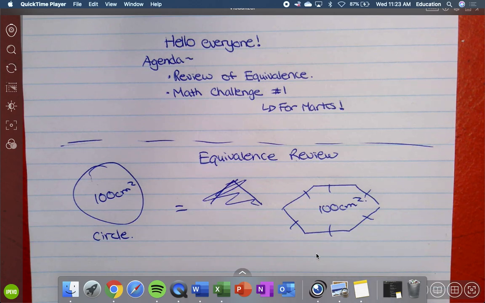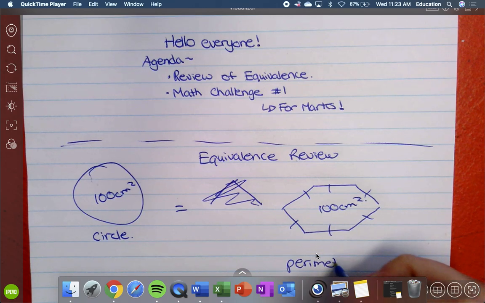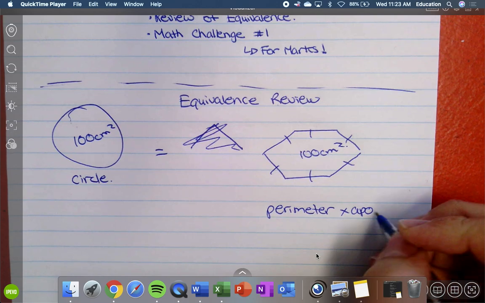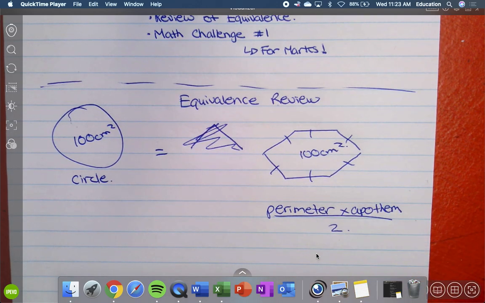Because if we remember, the area for a hexagon is simply the perimeter times the apothem divided by 2. Right?